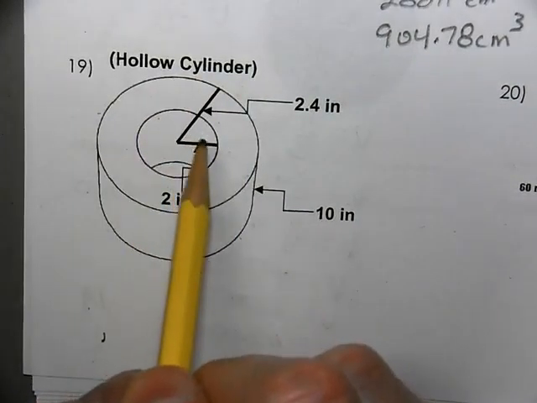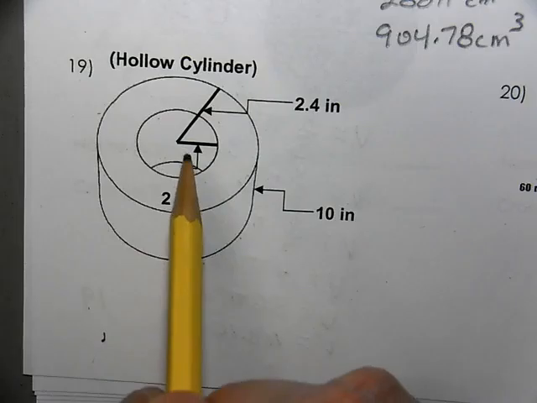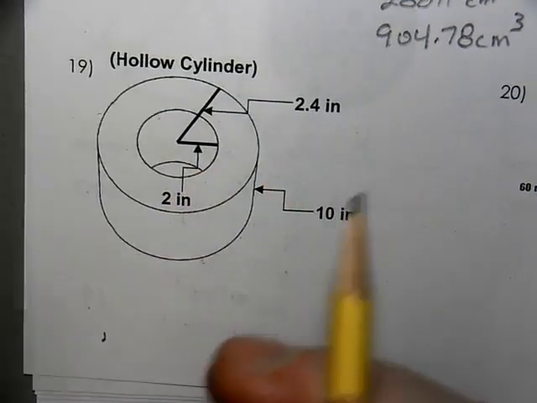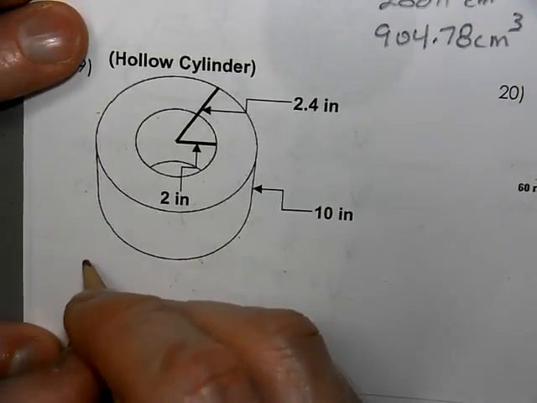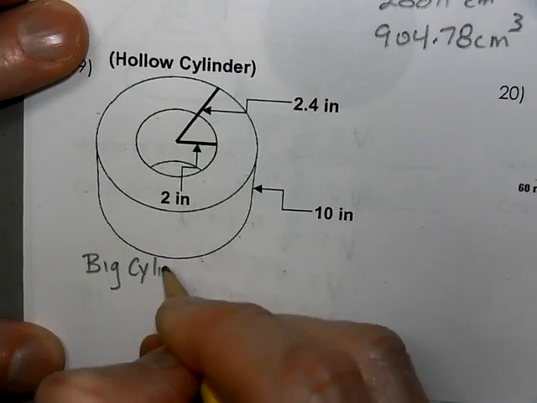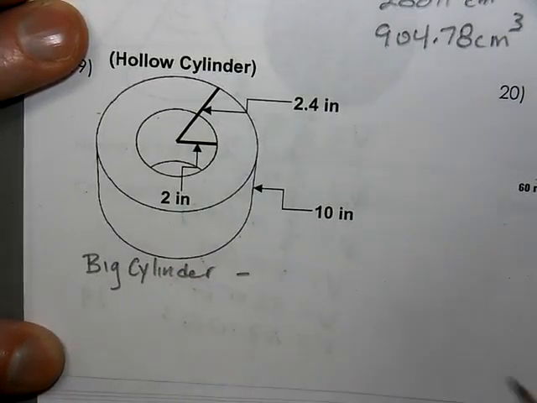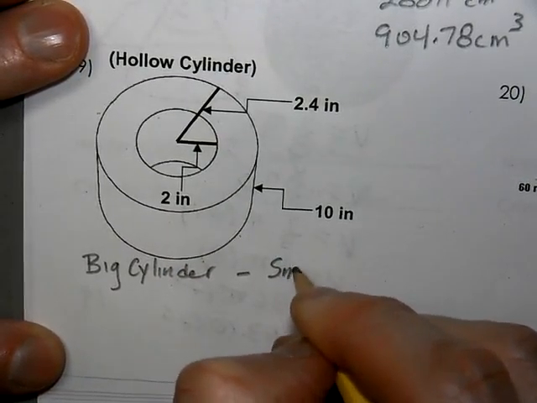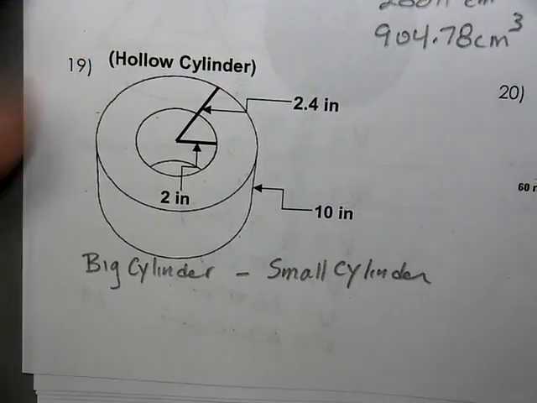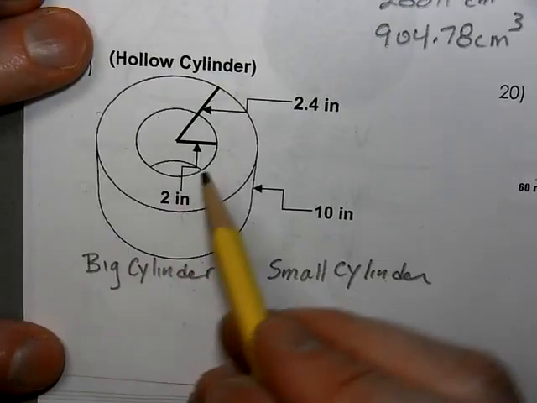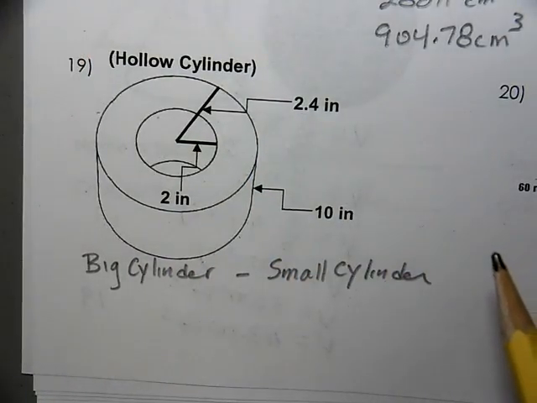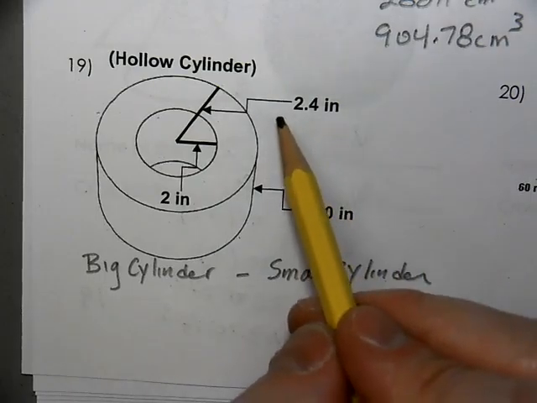This here, we have a big cylinder, then we have a small cylinder, and we're going to chop out the inside of that small cylinder. So we have a big cylinder minus a small cylinder. Well, the big cylinder has a radius of 4.2. I'm sorry, 2.4.